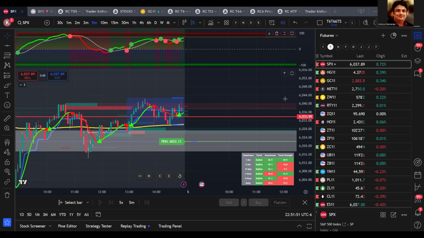I just wanted to check, this is a question regarding the indicators, especially the supply zone and demand zone indicator. Is it a part of that five indicator package, or is it separate? It's a part of that.